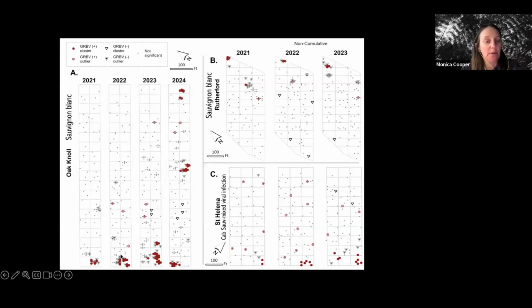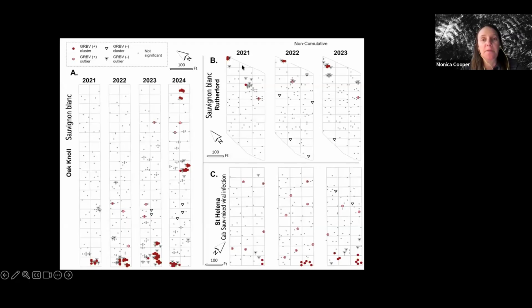And what you're seeing are the results of the cluster sampling. So we're finding in this corner of the block here at the bottom that we found a cluster of diseased vines there. So we know that there are a lot of infected vines here, and by the final year, we were also finding clusters of infected vines in the middle of the block and at the other end of the block.